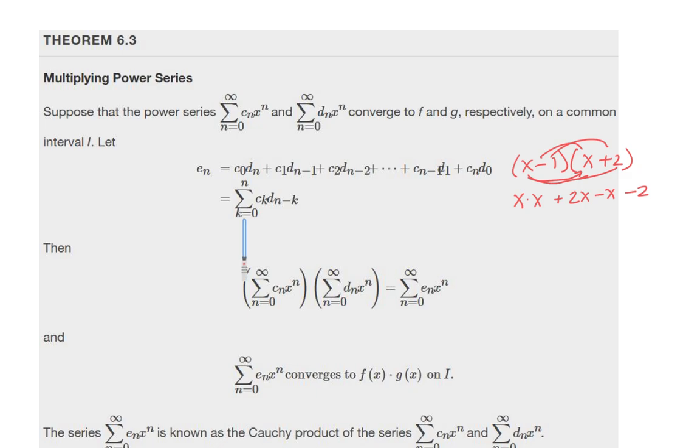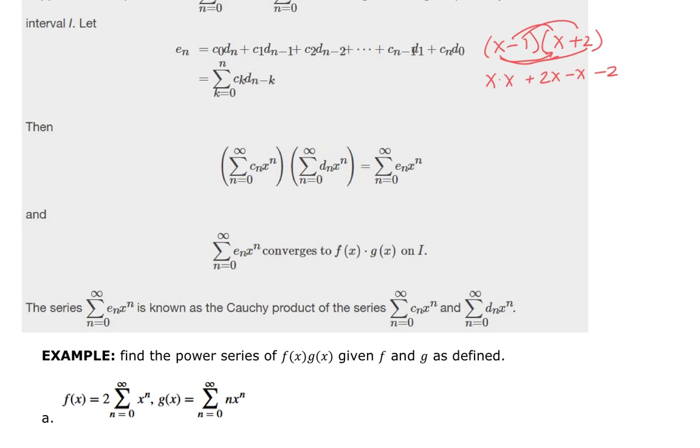So then this e sub n is going to be equal to the summation of k equals 0 to n of c sub k multiplied by d sub n minus k. So that's just taking care of the coefficients.